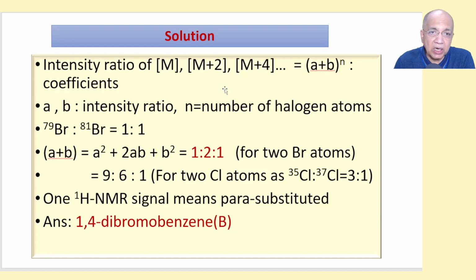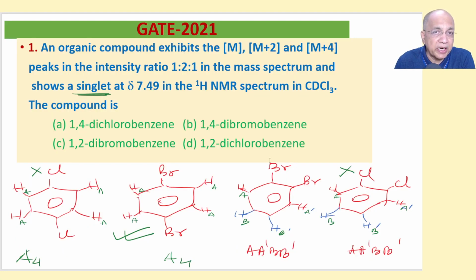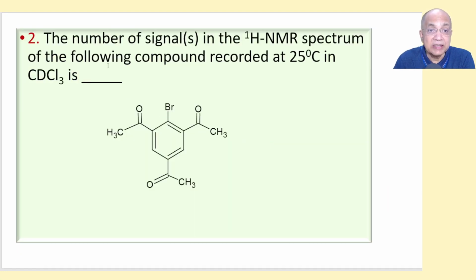The second one is from the same GATE 2021: the number of signals in the proton NMR spectrum of the following compound recorded at 25 degrees Celsius in CDCl3 solvent is dash. This is an integer type question.